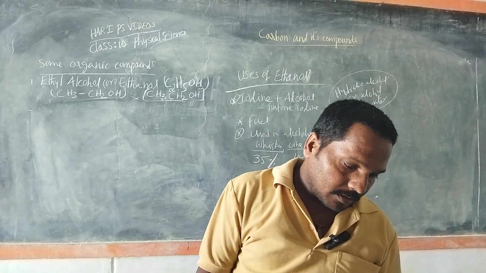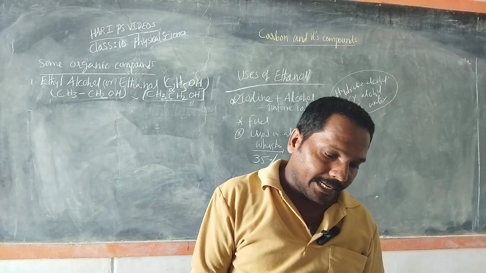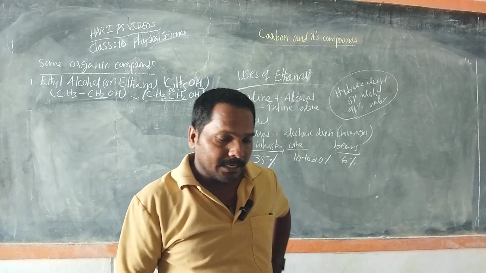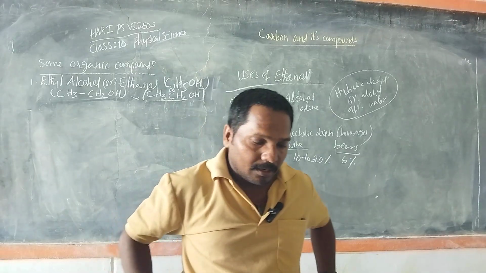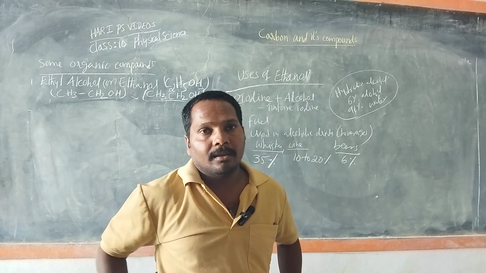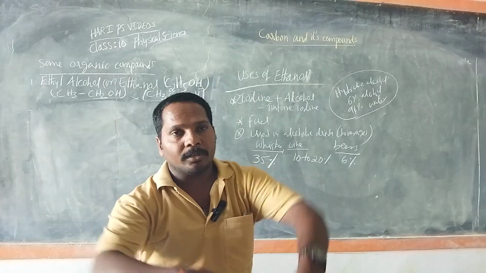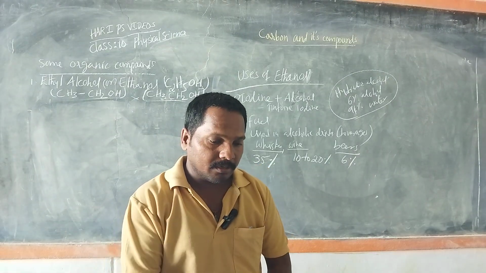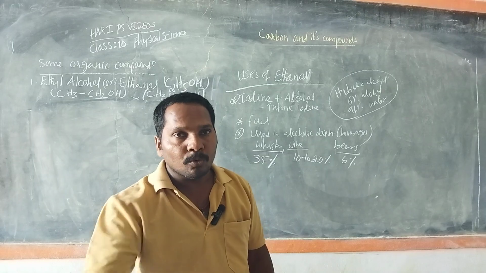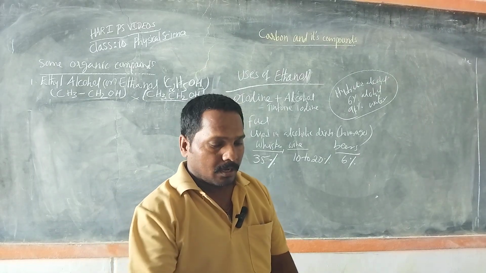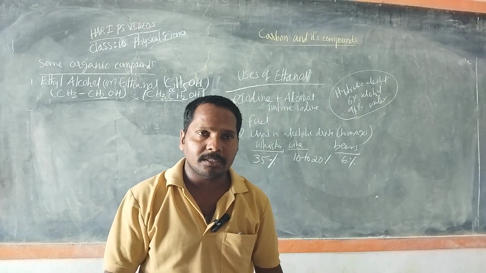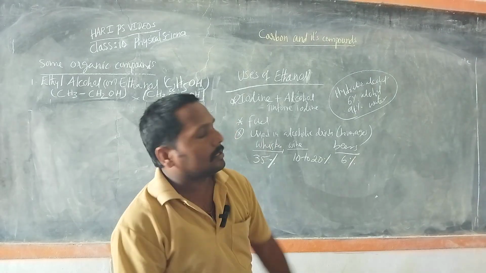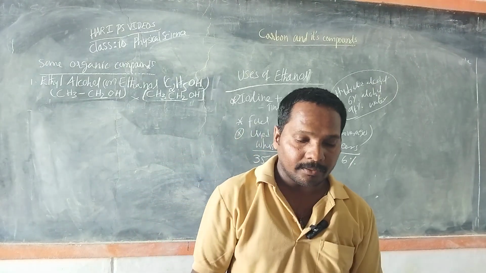Then ethyl alcohol is used as an antiseptic to sterilize wounds and syringes in hospitals and dispensaries. So the doctor, before giving an injection, cleans the syringes, needles and wounds with alcohol. So these are the uses.